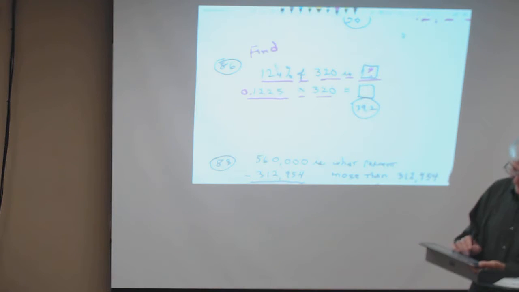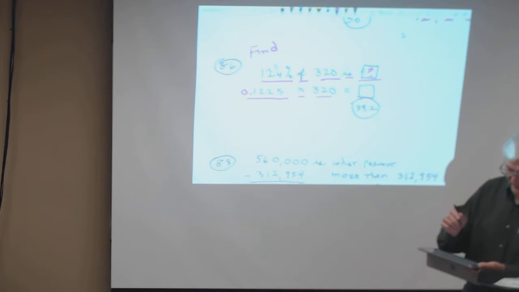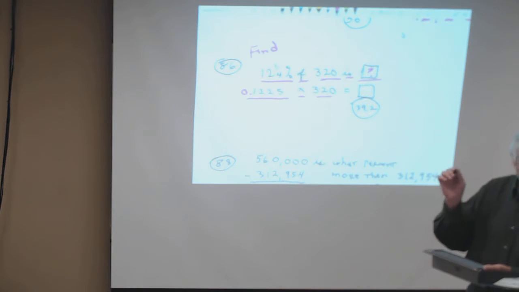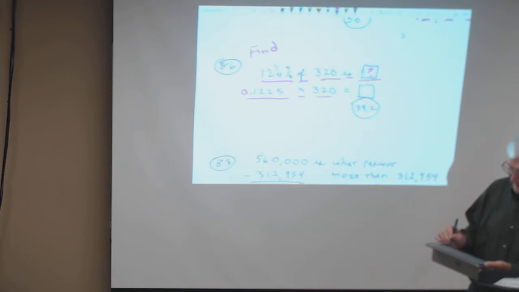So what's 0.125 times 320? Take your calculator, punch in 0.125, hit times, hit 320, and what do you get? You get 39.2? Good.